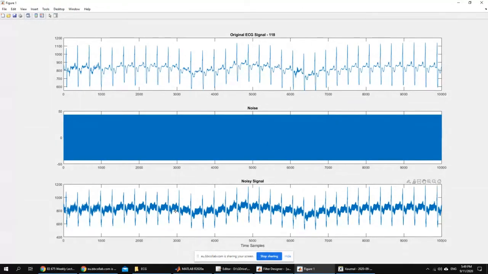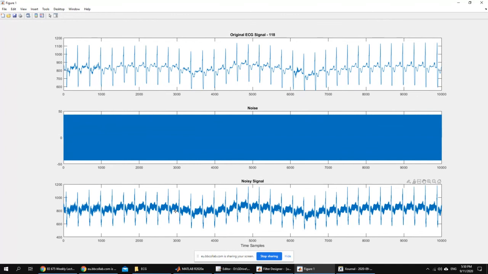What should we do? Filter. It's a filter, definitely, yes. But should we use any type of filter? Which type of filter would be suitable for this? Sometimes people think of the ECG as having a bandwidth of 50 to 100 hertz, but actually you can have a much lower bandwidth for the ECG and it would still be okay.